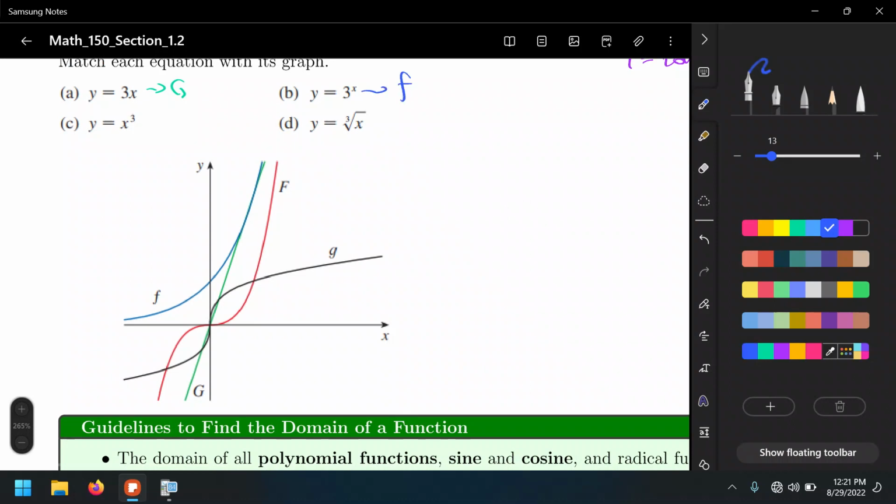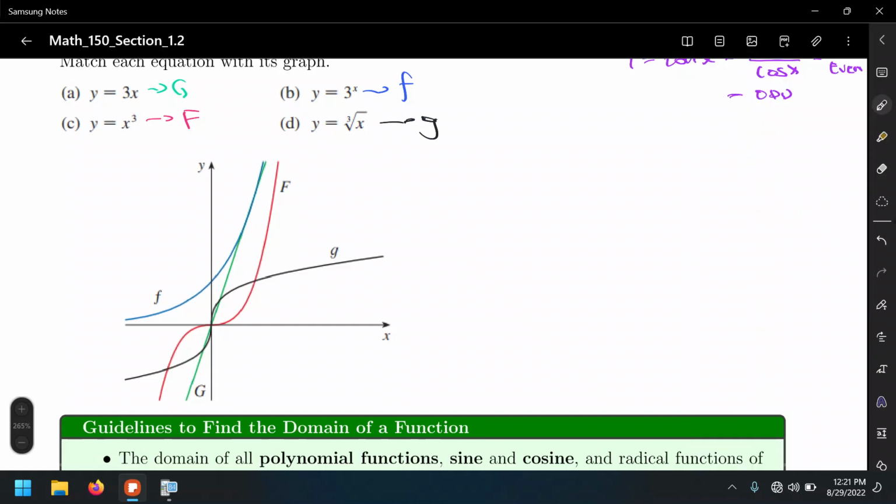What about y equals x cubed? It's a big F? Yes. That's the red one. And well, the last possibility is little g. Okay? So, very simple exercises, just going with the shapes.